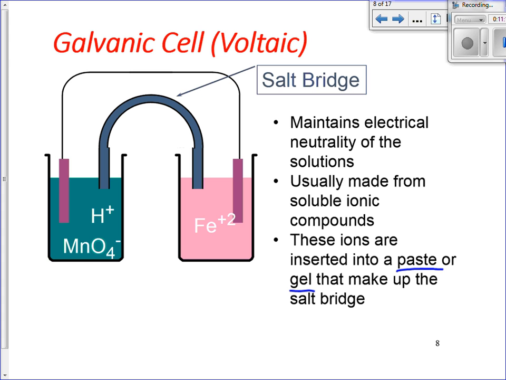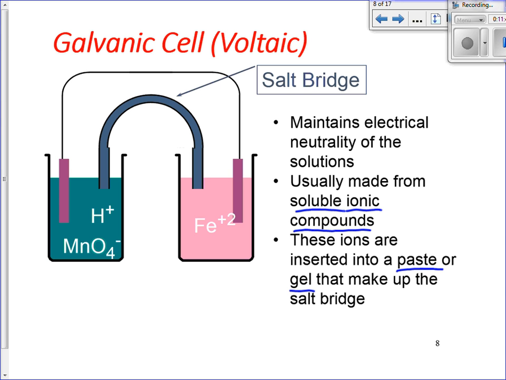Now when I say soluble ionic compounds, what kind of compounds are we talking about here? NaCl would be a good one, except for with silver, lead, or mercury. Why would they want to not use that for those? Because silver chloride, lead chlorides, and mercury chlorides, of course, are insoluble.